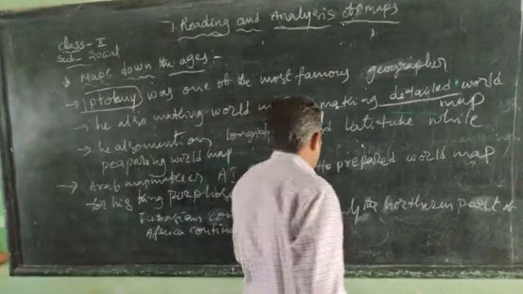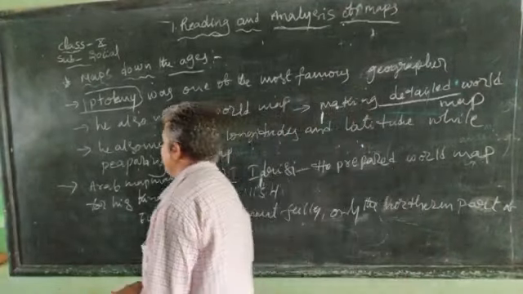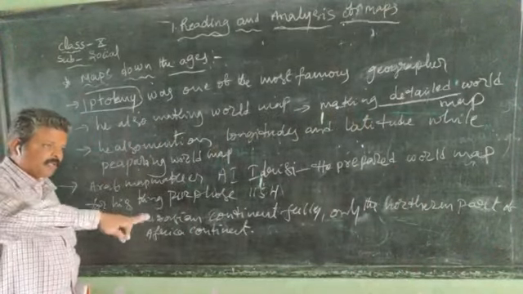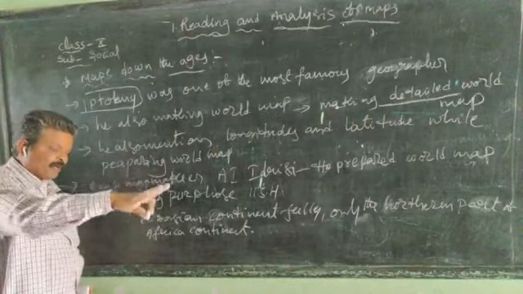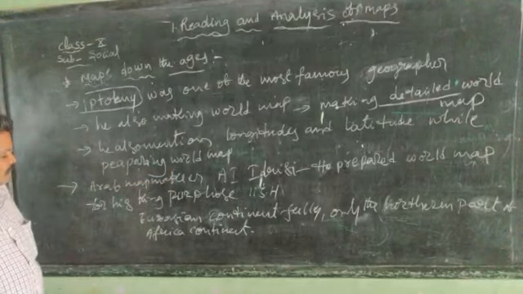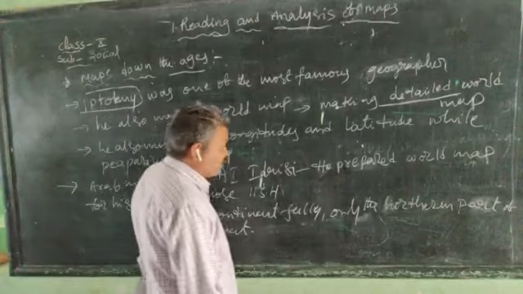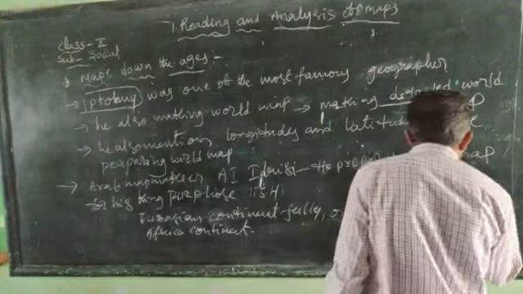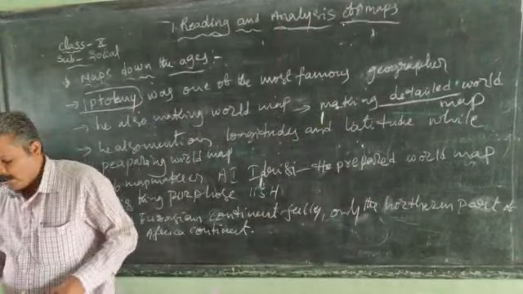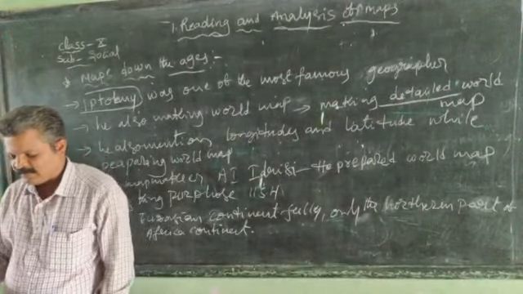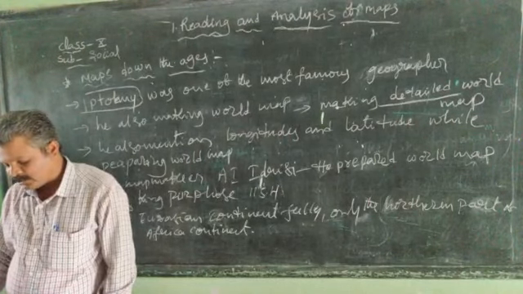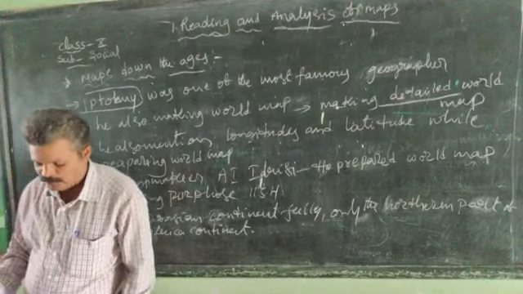Okay, so like this, Idrisi prepared it. He mentioned Europe and Asia, the Eurasian continent, fully, and also some part, the northern part of Africa, and it lacks details of southern Africa and Southeast Asia.